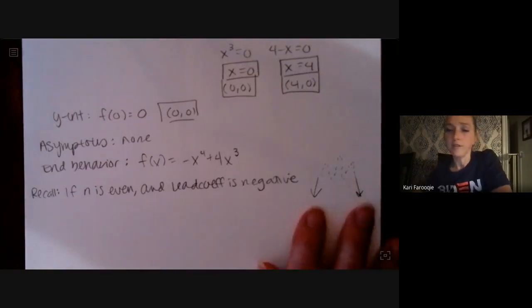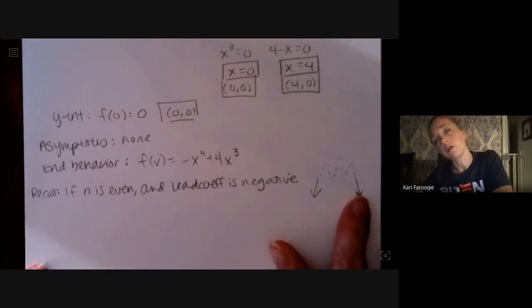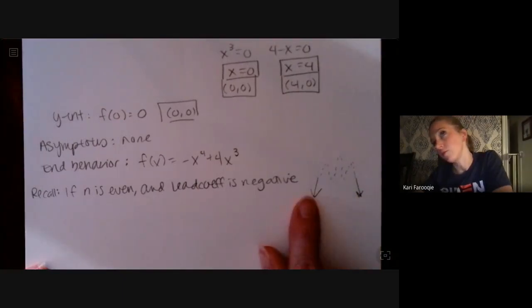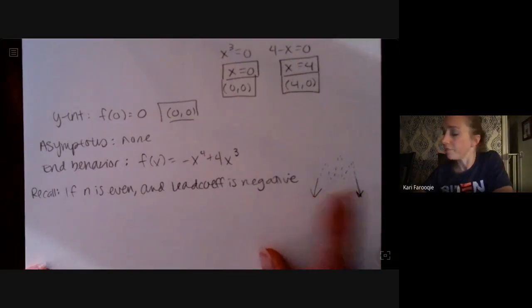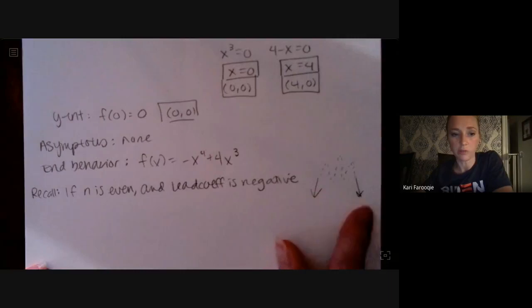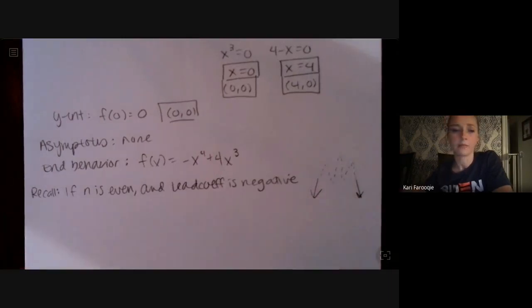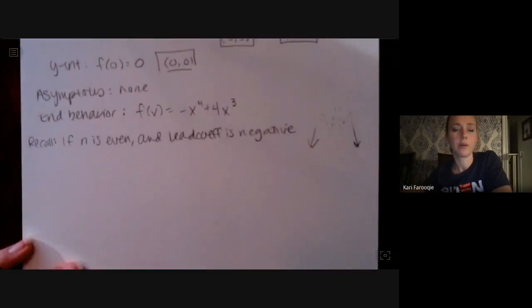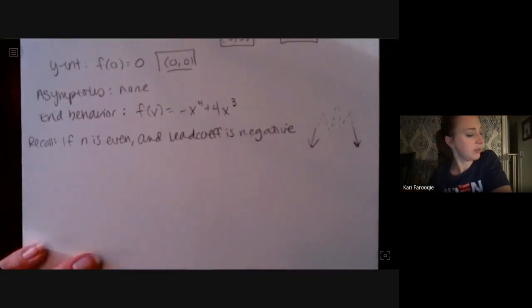It does not matter to me if you write this formally and say, as x approaches infinity, f of x approaches negative infinity, and as x approaches negative infinity, f of x approaches negative infinity. I don't care. If you just draw me a little sketch of what you expect your end behavior to be, that's fine. Okay. That's end behavior.